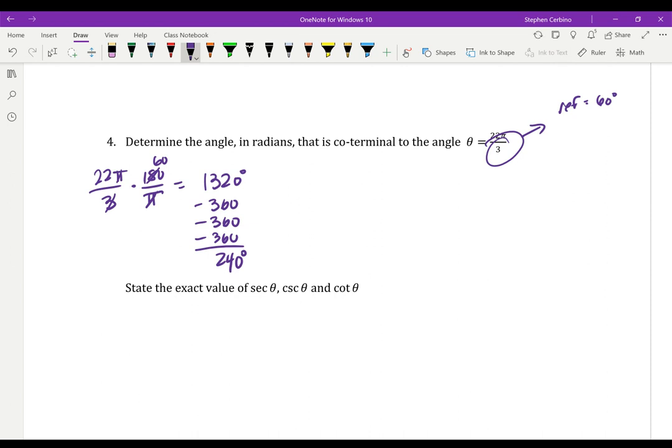So 240 as a radian measurement, if I do 240 times pi over 180, that is going to give us the fraction 4 pi over 3. So 4 pi over 3 is coterminal to 22 pi over 3.